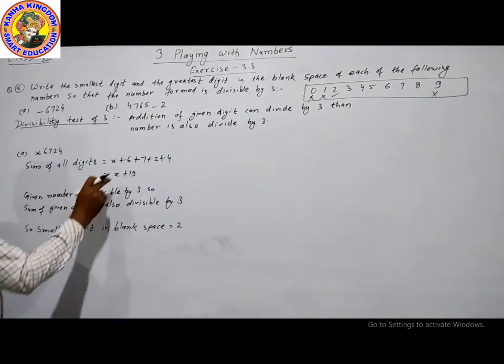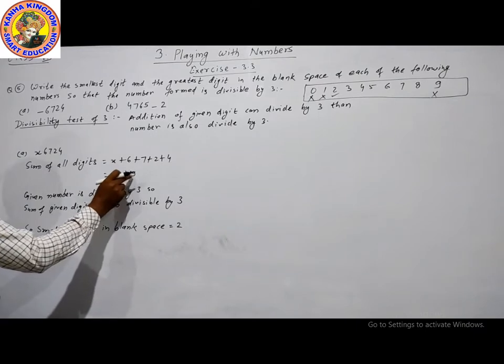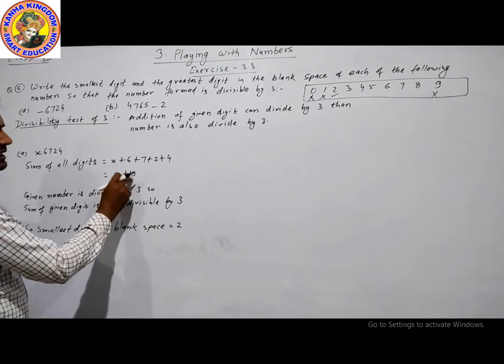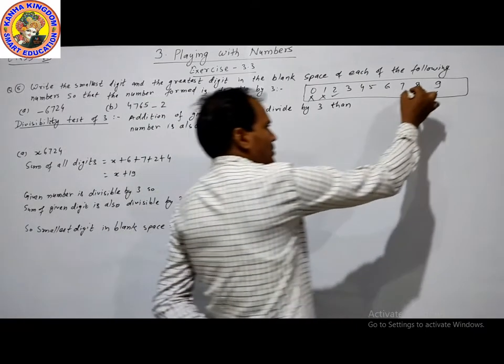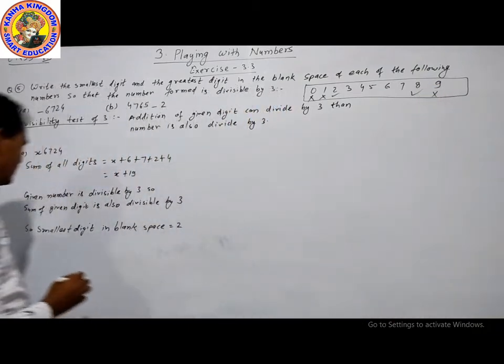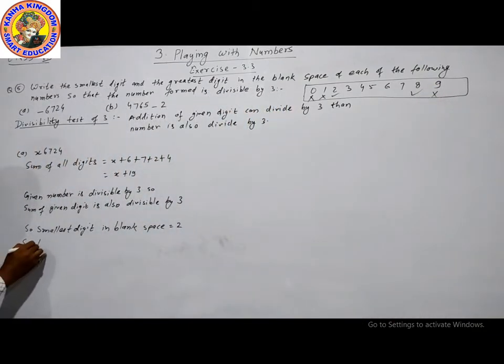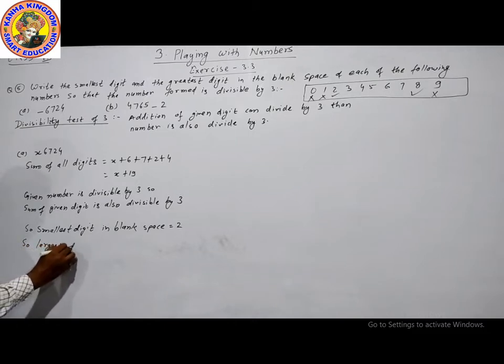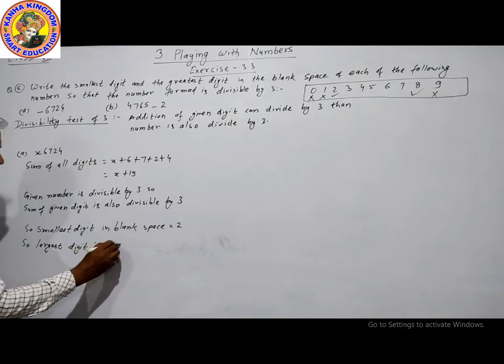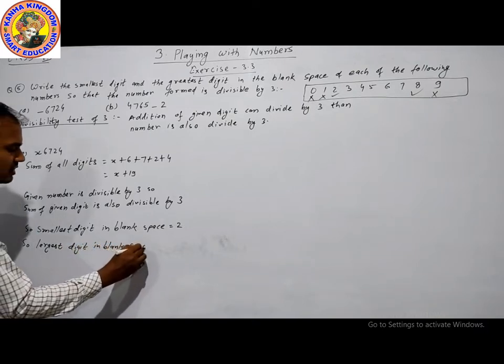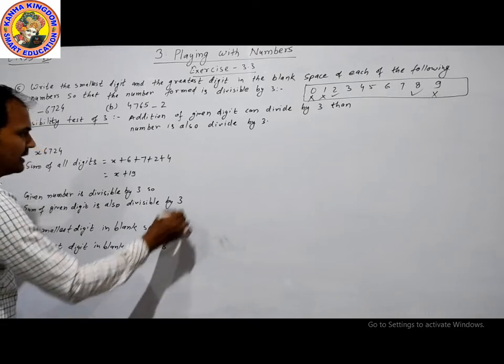Now we place 8. 8 plus 19 is 27. 27 can divide by 3. So 8 is correct. So the largest digit in the blank space is 8.